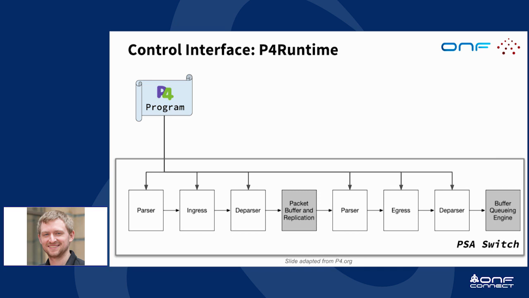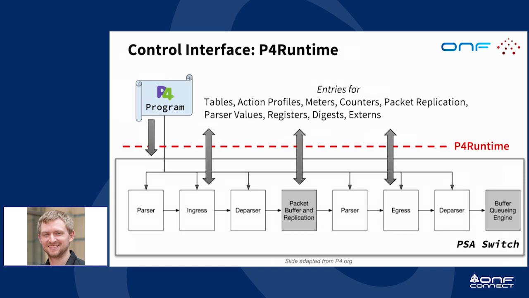This is a PSA architecture from the P4 runtime group, and I've only put it here for illustrative purposes. Ultimately, on top of this, we have something called P4 runtime, which is going to talk primarily to the ingress and egress tables, and do things like write table entries for the pipeline stages.